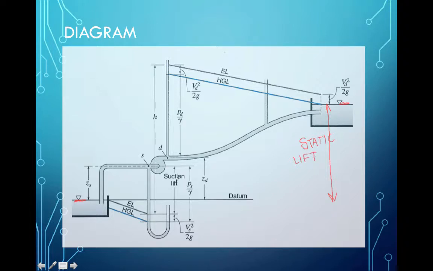And that's simply the difference in the two elevations. So whatever this pump right here has to do, it's got to at least generate the static lift, if nothing else, to keep the water from flowing back downhill.